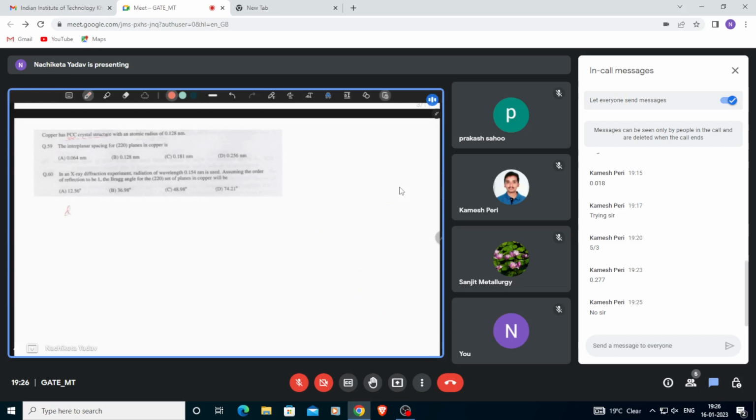If we suppose it is d, then what is the formula we know? d equals a by root of h square plus k square plus l square, and this is for this plane. So the hkl value we know is 220, and the atomic radius is given. So what will be the a value?